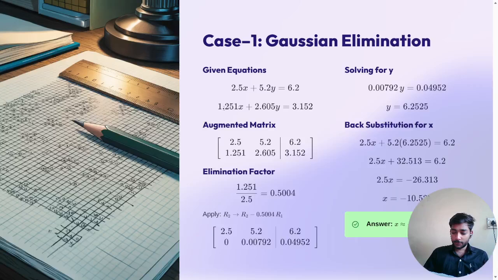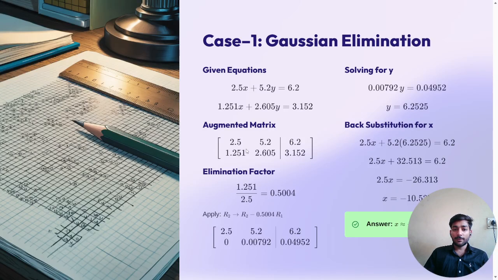The value of p is 1.251, the value of q is 2.605, and the value of r is 3.152. These are the values given.